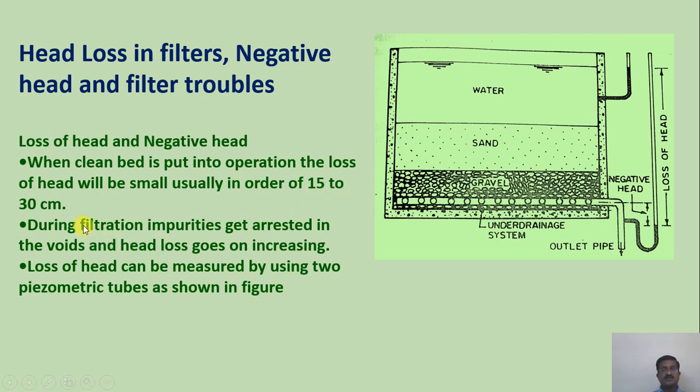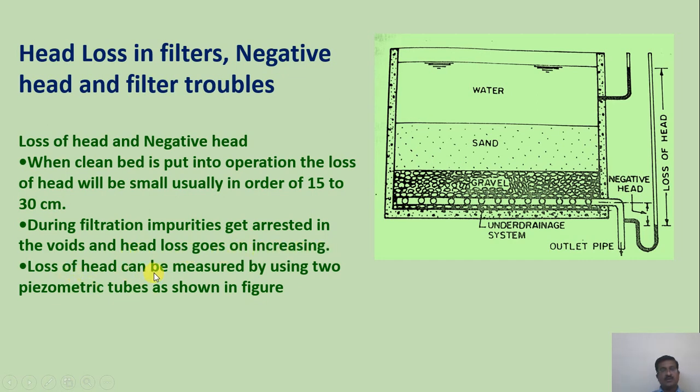As the filtration operation goes on, the filtration rate goes on declining, so let us keep watch on this, and the head loss goes on increasing. During the filtration, impurities get arrested in the voids, and the head loss goes on increasing.